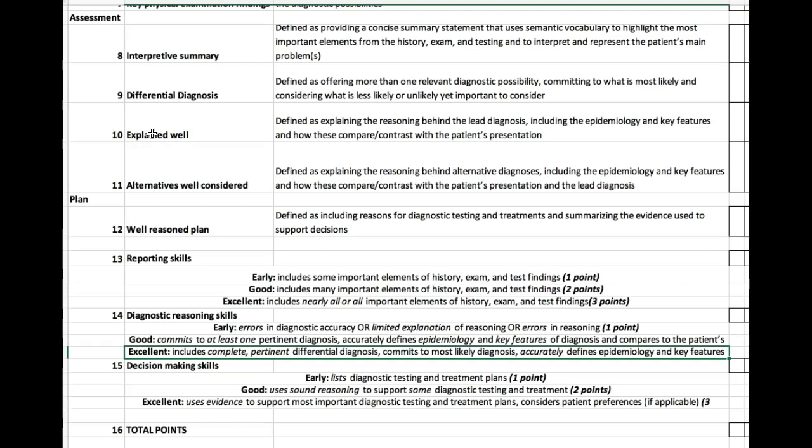Now, I think that's where a lot of students struggle, is where to find that seminal literature. And I want to talk a little bit about how to find the information that's going to make your arguments the strongest.